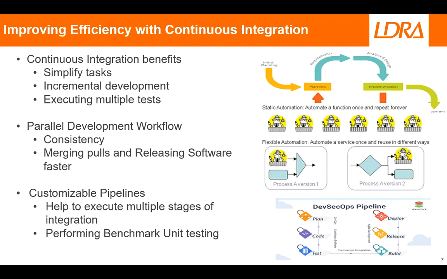The continuous integration method also encourages the use of multiple testing tools to improve robustness, while with the traditional manual approach, these features were hard to implement, if not impossible.